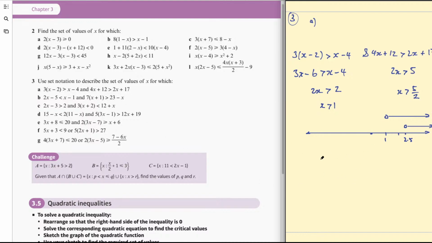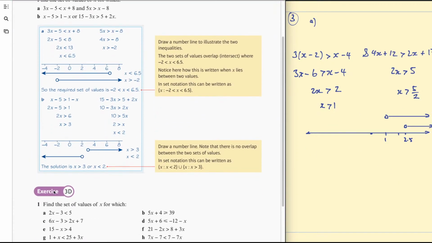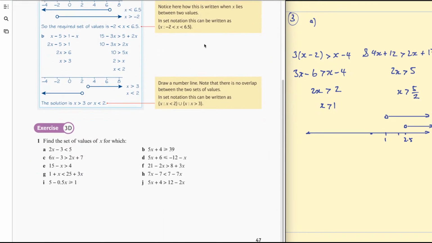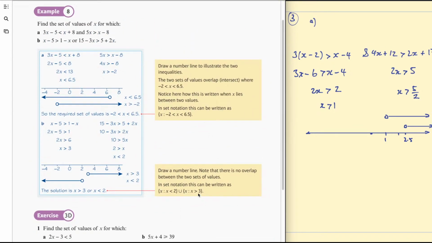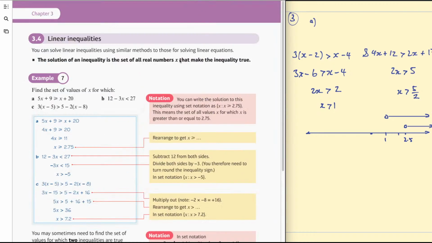So yeah, if we're writing this as set notation, do we say solutions? What's the word we use? Yeah, we say the solution is, actually, how do we write it?